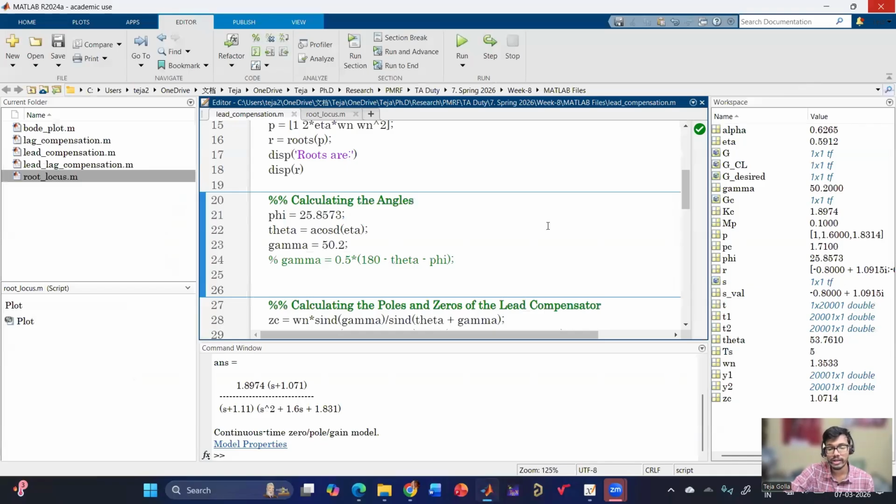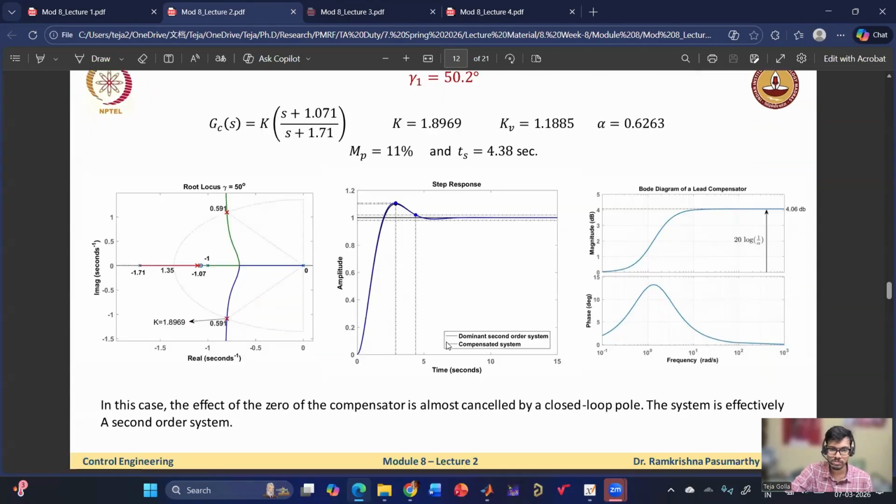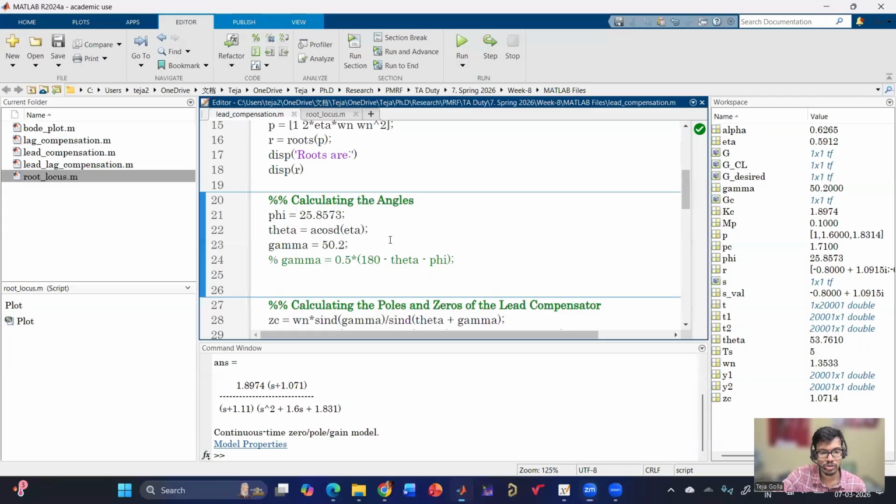So how do I know that it is 50.2? Or what if I go with that flow? Because I have increased gamma, my response is better. With that logic, if I increase my gamma, say here sir has considered gamma to be 65 degrees, and if I consider the same 65 degrees, what is going to happen? Let us use the code, and let me consider gamma to be 65 degrees and see whether the response will be improved or deteriorated.